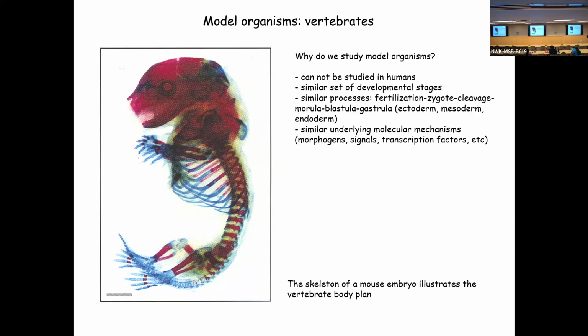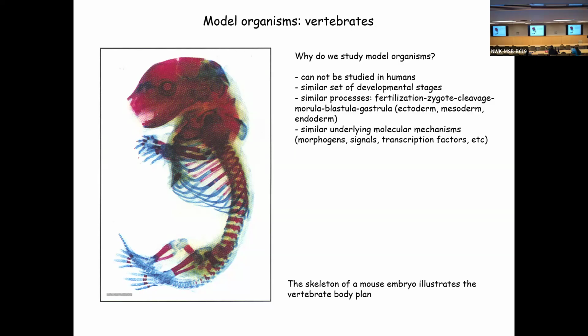Why? What is the main reason? It's obvious. Yeah, I mean, it's impossible to imagine that we'll study a human embryo, okay? So that's why we study the mouse, we study other species.